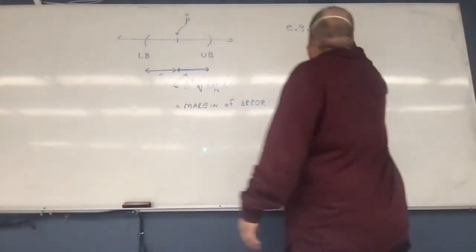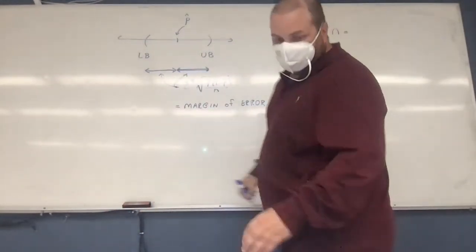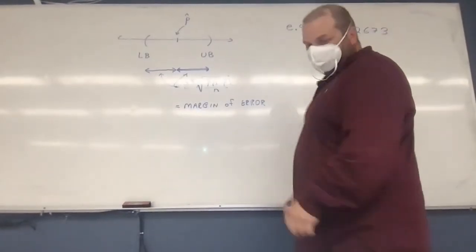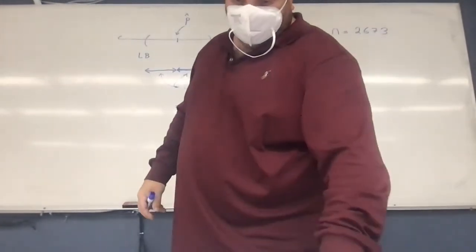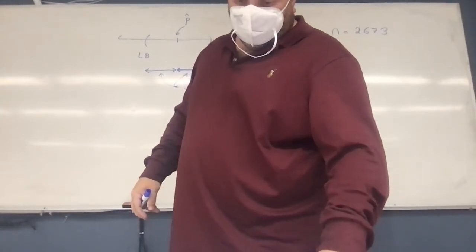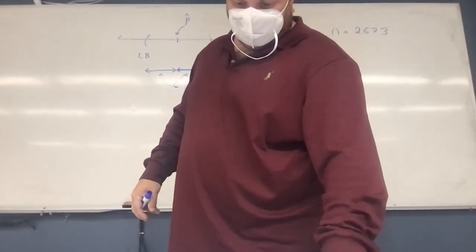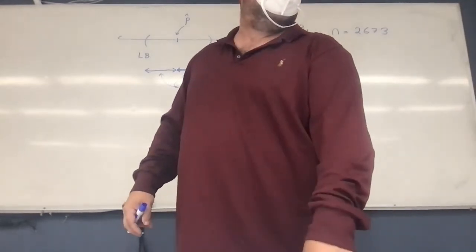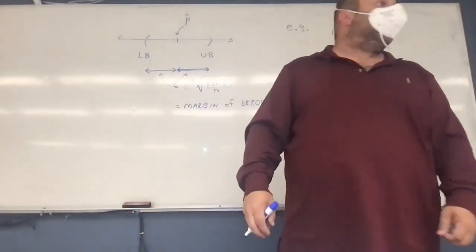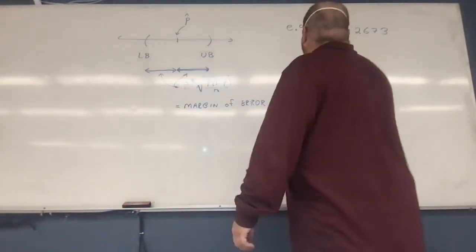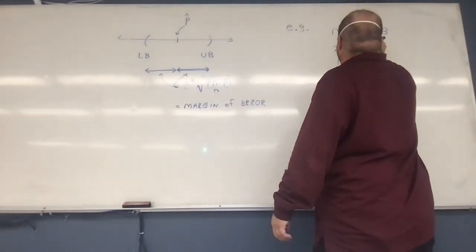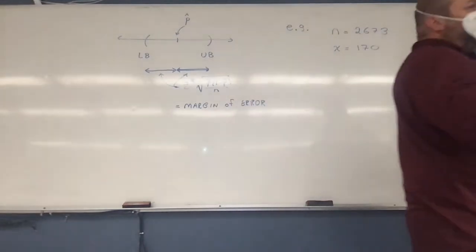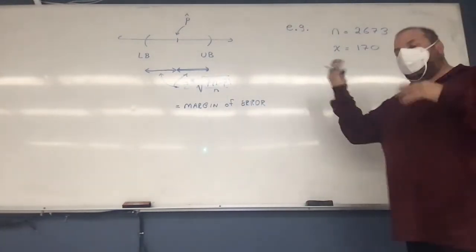N. So N is equal to 2,673. Of these, 170 had more than one sexual partner in the year prior to the survey. That's my X, number of successes.